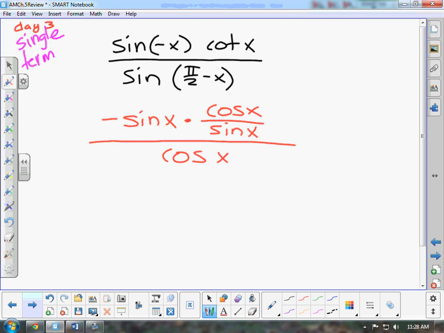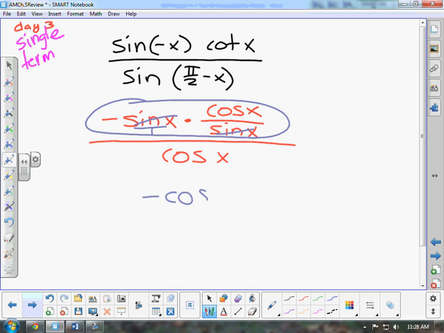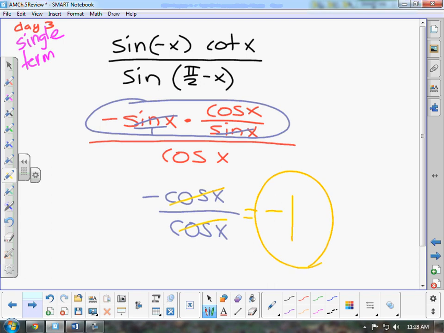Now then, working with just the numerator, that would be over 1, and just like in the previous example, you can divide out a sine to be left with a negative cosine of x over cosine of x. Those two divide out and you're left with negative 1. And that is one term.